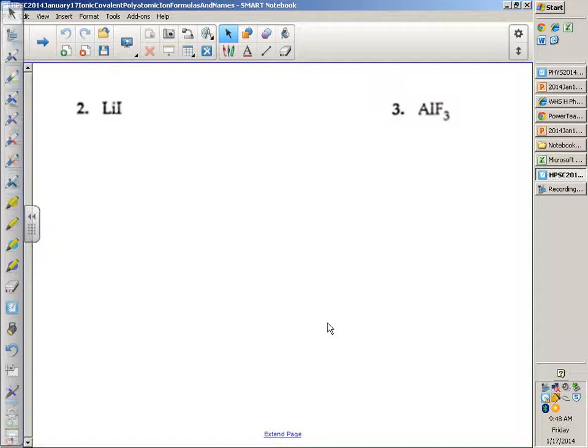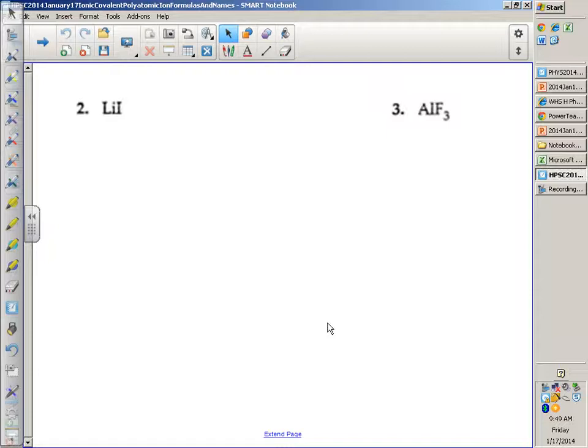So looking at the formula for this compound, is this going to be an ionically bonded compound or a covalently bonded compound? This is an ionic bonded compound. And we know that because what kind of elements does it have in it? It's got a metal and it's got a nonmetal.